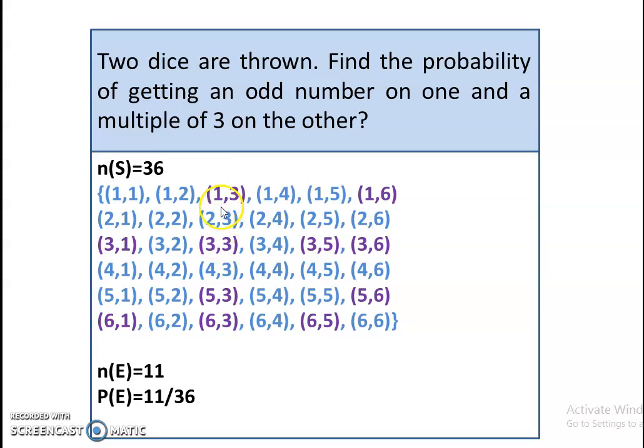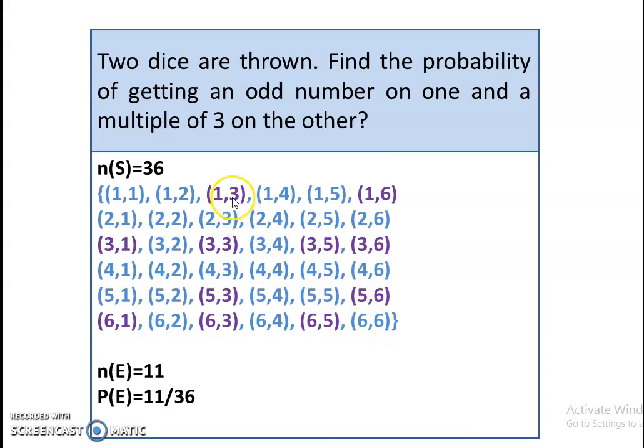In this case 1 comma 3, 1 is odd and 3 is multiple of 3. 1 comma 6, 1 is odd, 6 is multiple of 3. 3 comma 1, 3 is odd and 1... 3 comma 3, 3 is odd, 3 is multiple of 3, and so on.